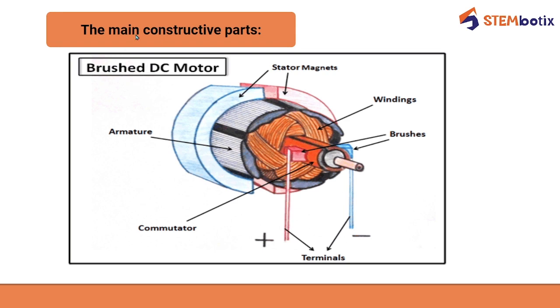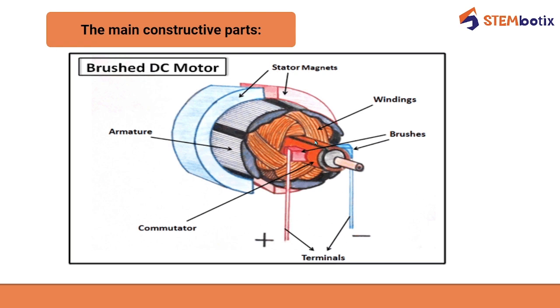These are the constructive parts of a brushed DC motor. This is a brushed DC motor because there are two brushes in this motor, hence it is named a brushed DC motor. These are the two stator magnets, the stationary parts. This is the armature. After it there are the windings.